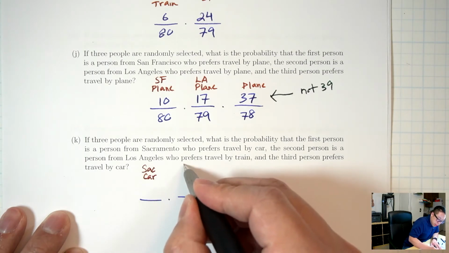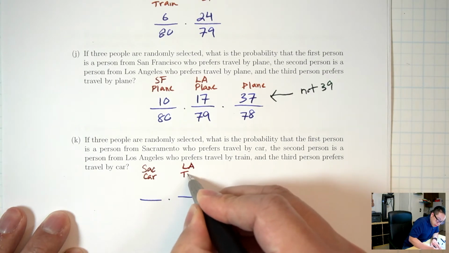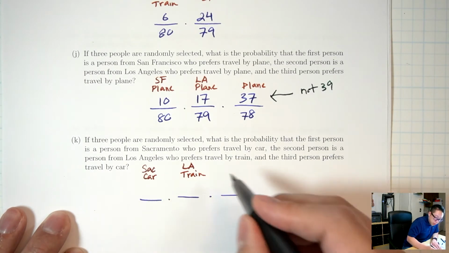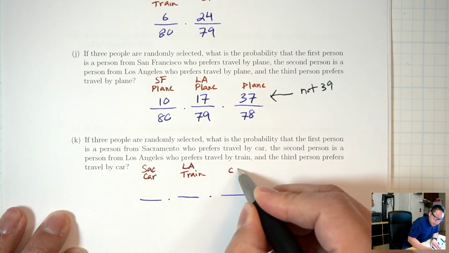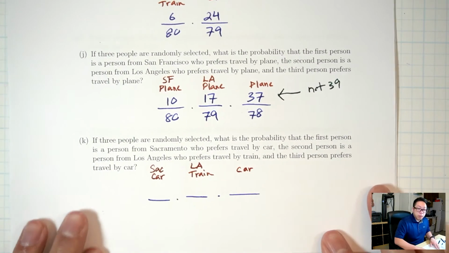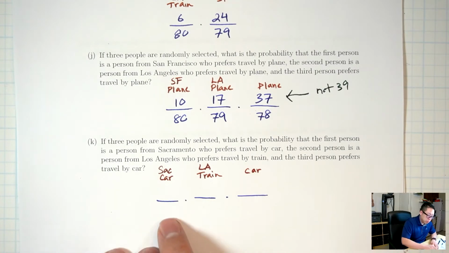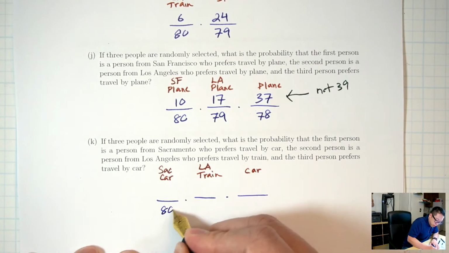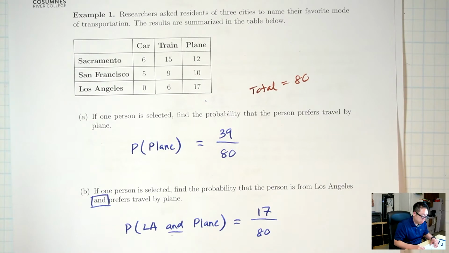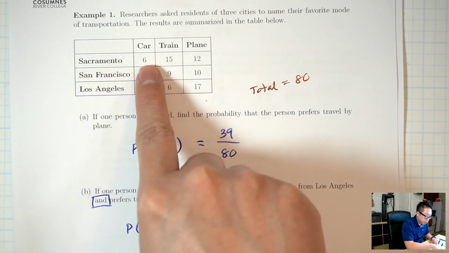So second person is LA train. Third person prefers travel by car. So car, no city specified, so any car. First fraction, bottom should be everybody, so that's 80. And then for the top, Sacramento car, 6.